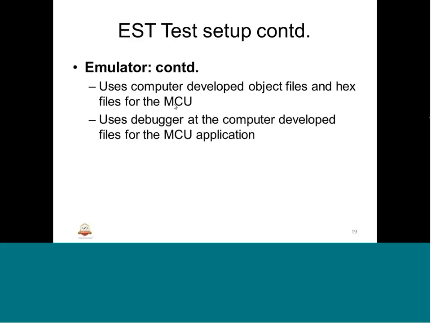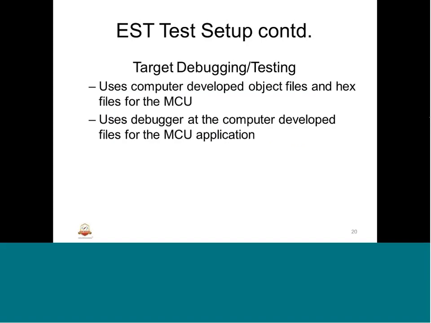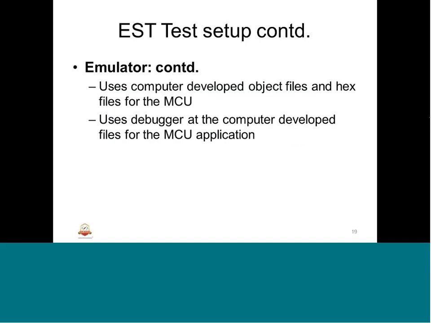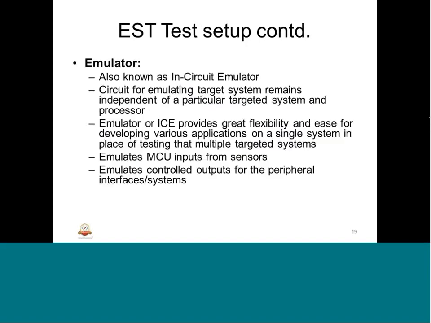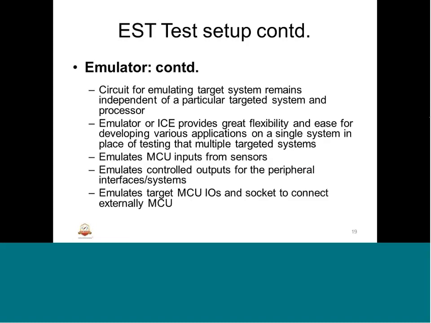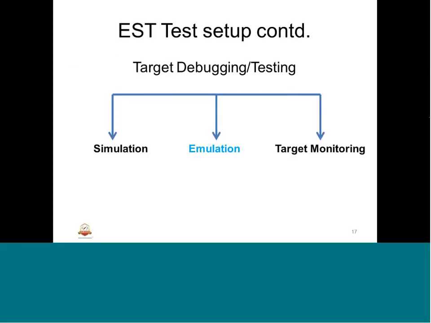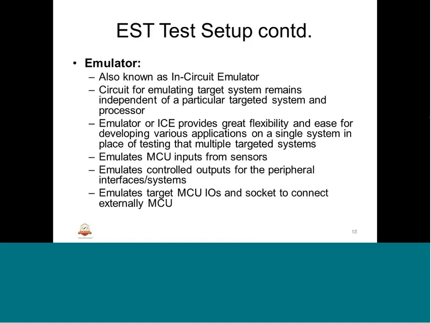Because some of the intricacies within the target system need to be inspected with the help of code. So the tester has to go through the test code or the code on the target. How does he do that? With the help of emulation. That is why it is used for testing also, and that is why we have taken this up as one of the techniques in terms of target debugging and testing.